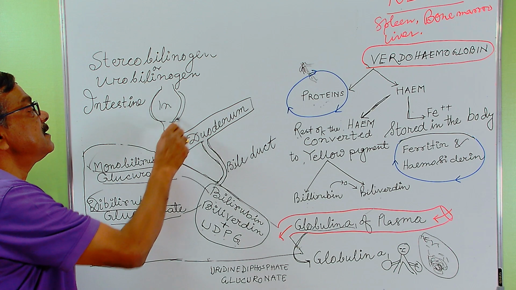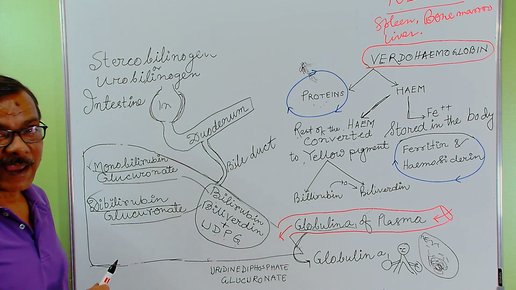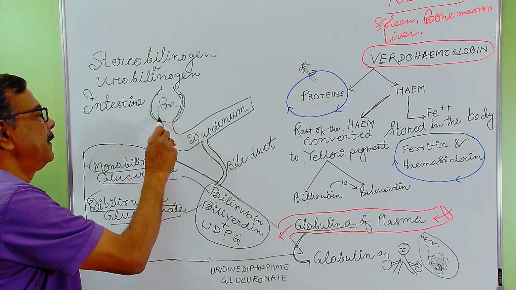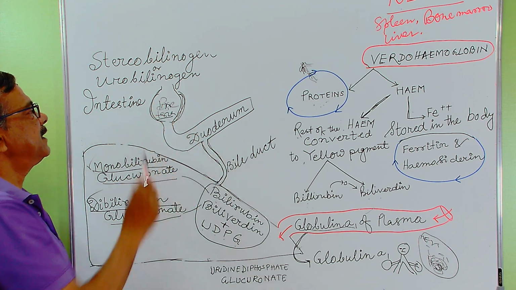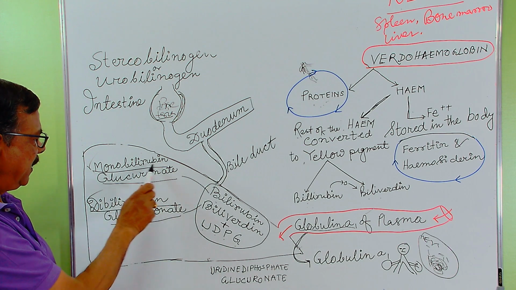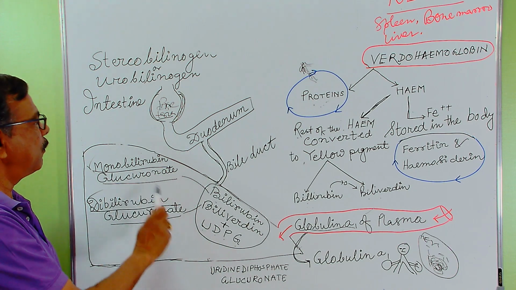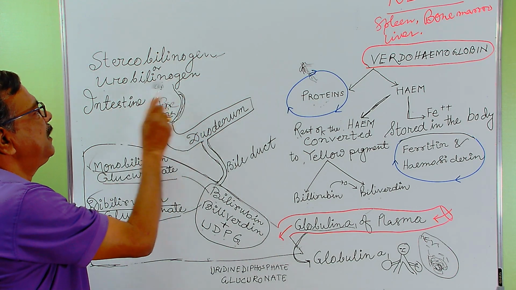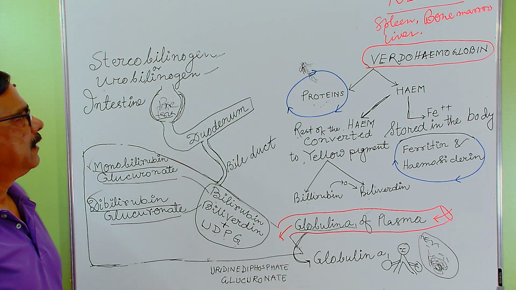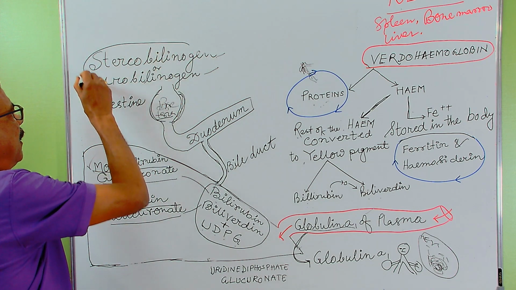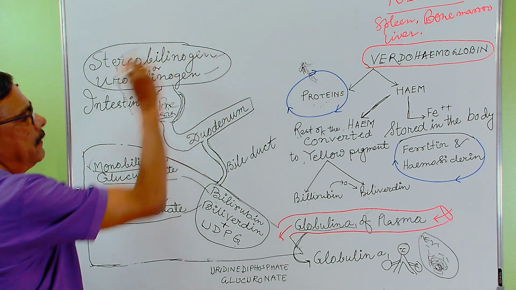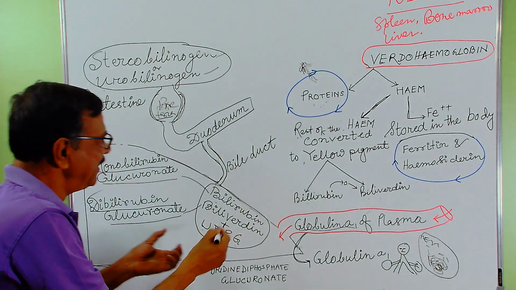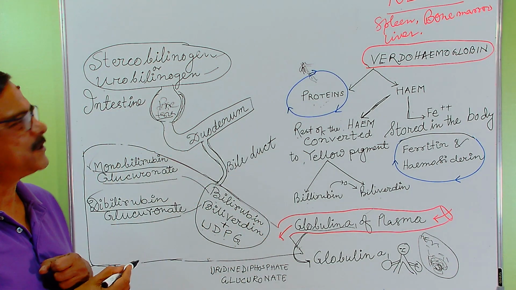Say, for example, this is a hypothetical intestine. In this intestine, with the help of bacteria, this monobilirubin and dibilirubin gluconate is converted to stercobilinogen and urobilinogen. So this is the final product of RBC. Converting here, the final product comes here.